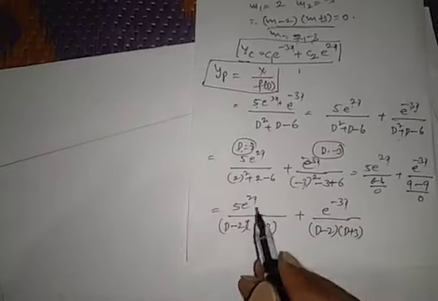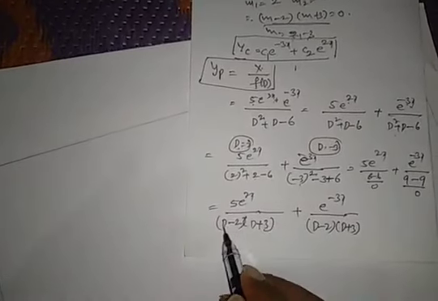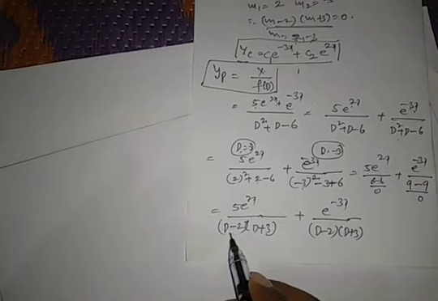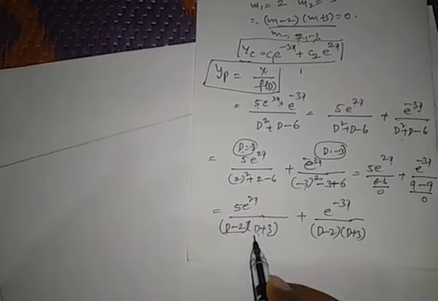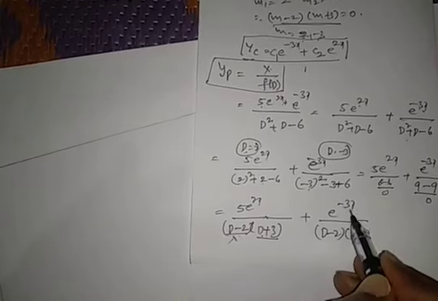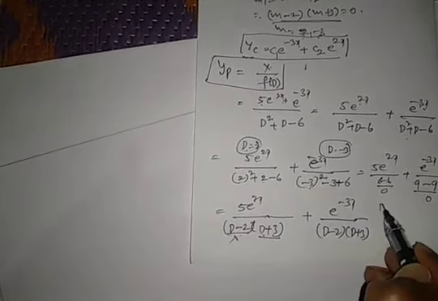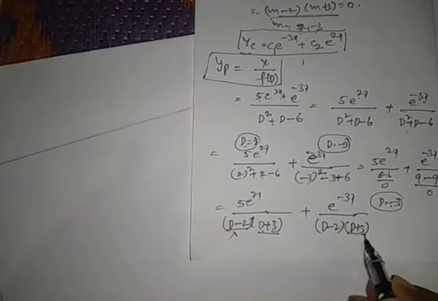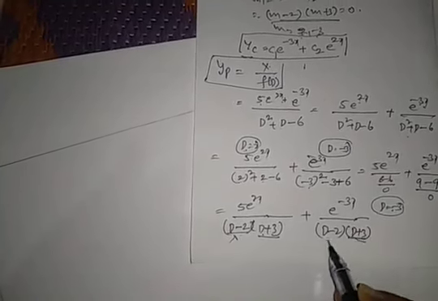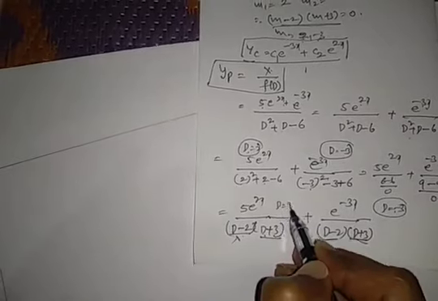Now if we substitute D is equal to 2 in the factor D minus 2, it is 0, so we have to substitute only in the other factor, not here. Same here, if we substitute D is equal to minus 3 in D plus 3, again it is 0. So leave this one, substitute here. Here D is equal to 2.